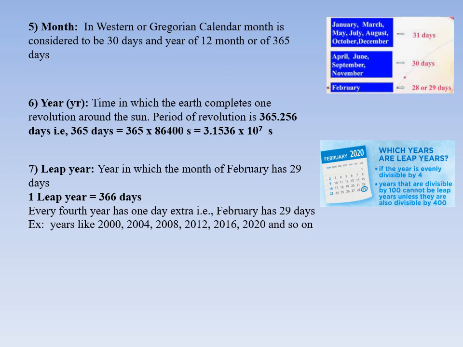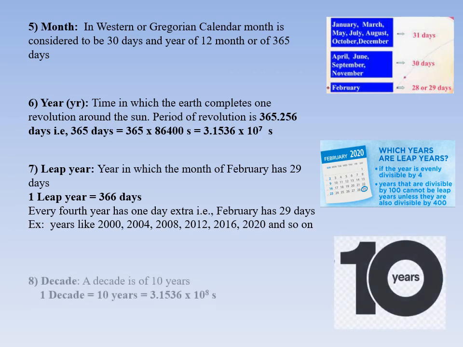The century years, that is 1800, 1900, though divisible by 4, are not leap years. Example, the year 2100 will not be a leap year, but the years which are divisible by 400 will be leap years, which means year 2000 was a leap year, and year 2400 will also be a leap year.